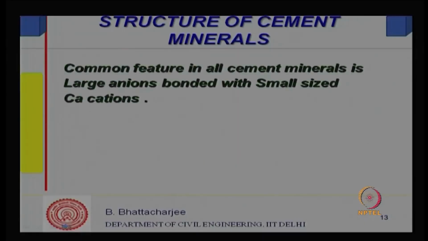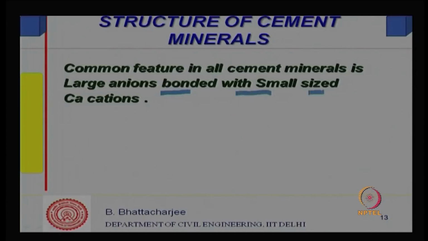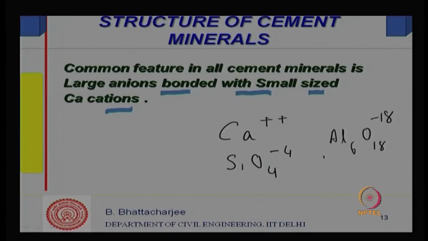Now, what is important for us from this point of view is one feature common in all these structures: large anions are bonded with small cations, calcium cations. Your cations are calcium, and anions are SiO4 4-, Al6O18 18-, etc. So you can see the sizes of these anions are very large, and the cations, calcium cations, are small.